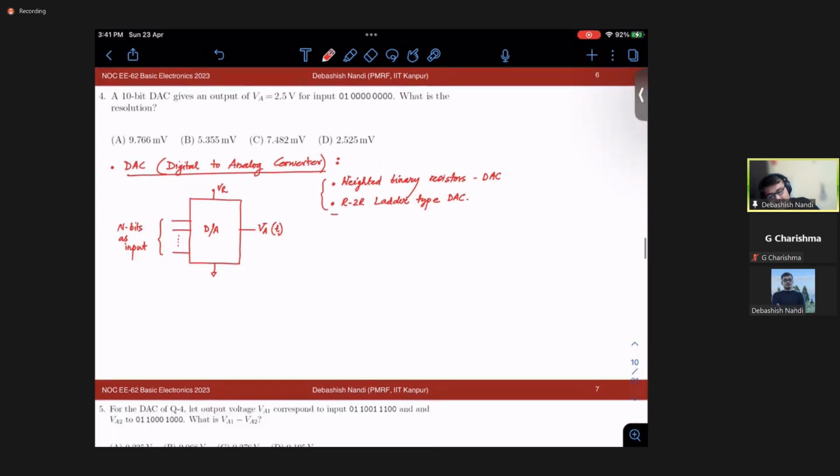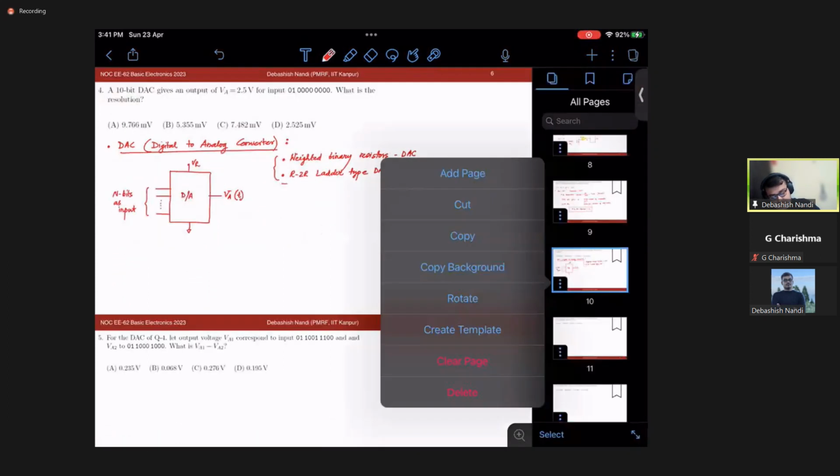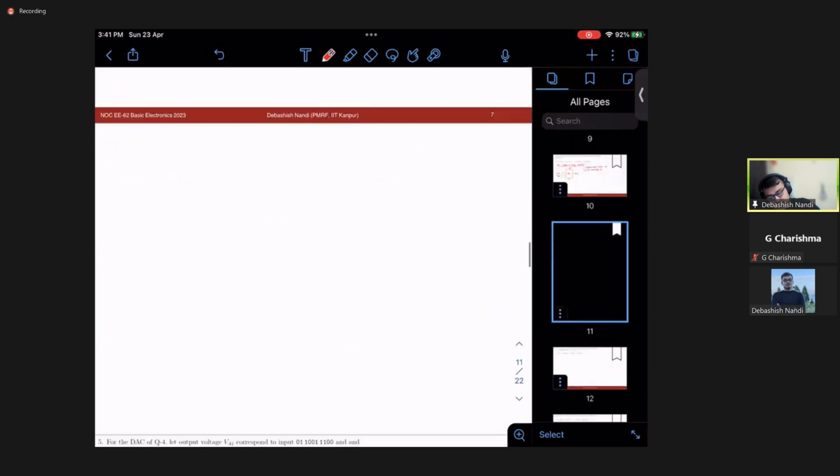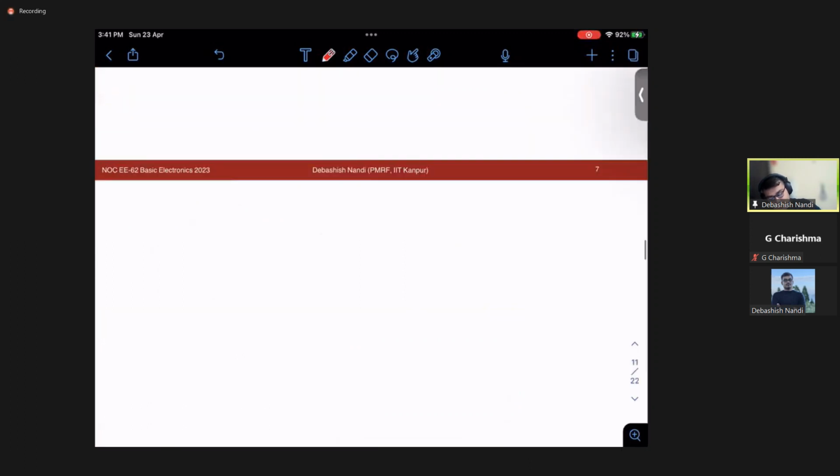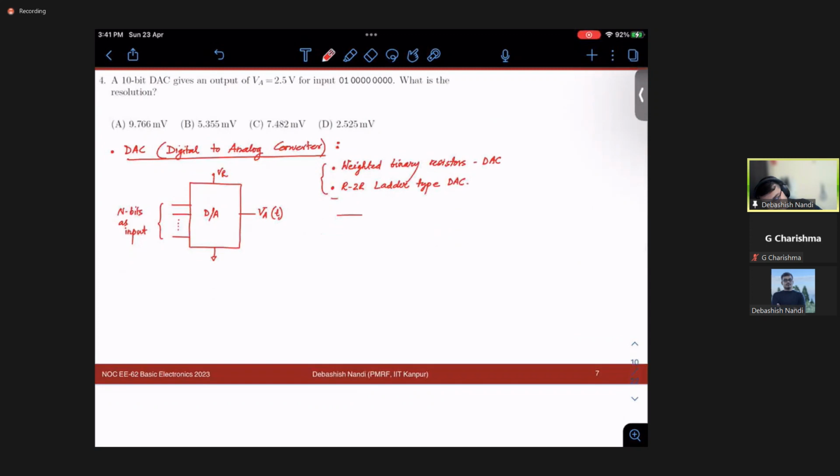So what basically does a DAC do? Suppose you have these four blocks, S0, S1, S2, S3, and you have some VA.